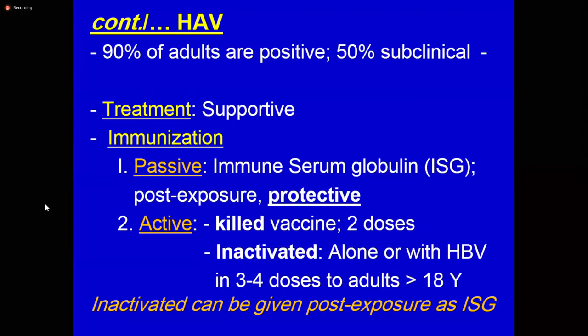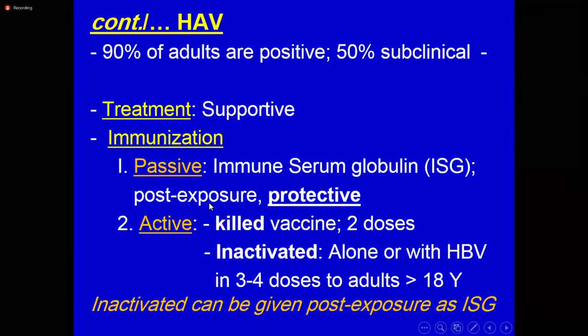The vaccine, the active vaccine, which is very important, can be given either alone or with hepatitis B virus vaccine in 3 to 4 doses to adults above 18 years.